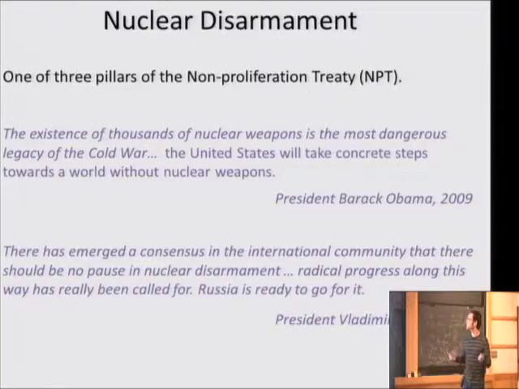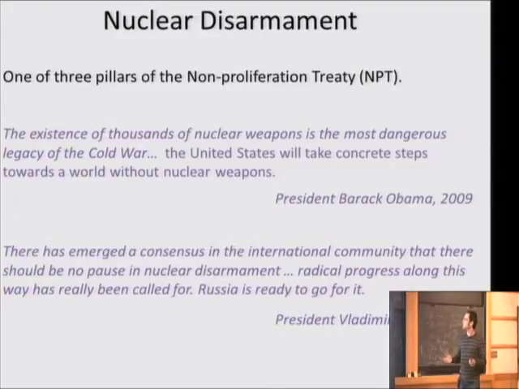So, nuclear disarmament. Generally, I think it's probably not very controversial to say that we would like the world to have fewer nuclear weapons than it has today. In fact, it's basically agreed that both the Americans and the Russians have more nuclear weapons than they want, and they would both like to move to an equilibrium with much fewer, maybe zero, but much fewer than what they have right now.